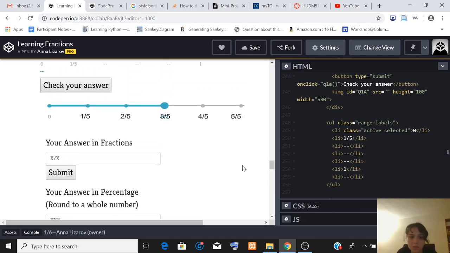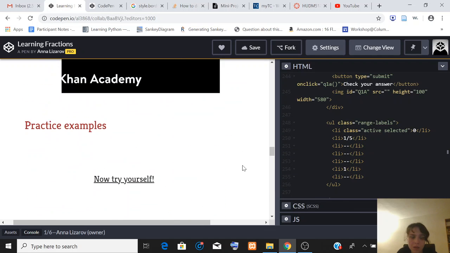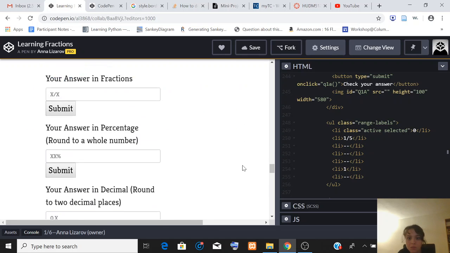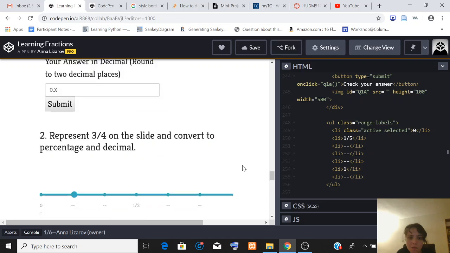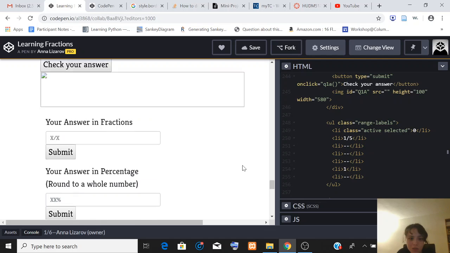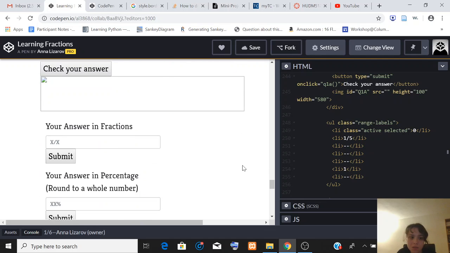We even thought about adding radio buttons as multiple choice questions, but then we thought that multiple choice is not the best way to assess student learning, so we stuck with the submit form.